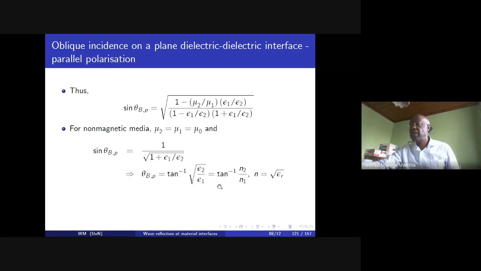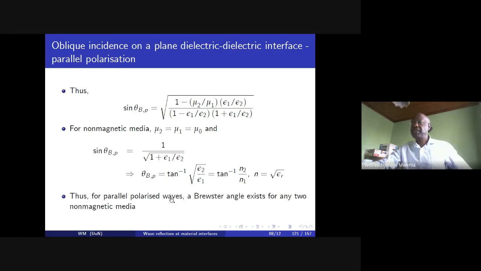That is sine over cosine, or in other words, since this medium is non-magnetic, that would be the refractive index for medium 2, and that would be the refractive index of medium 1, or the arctan, therefore, of the refractive indices n2 by n1, where n is defined as the square root of the dielectric constant.